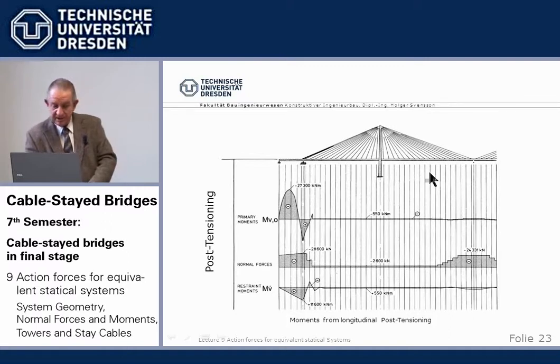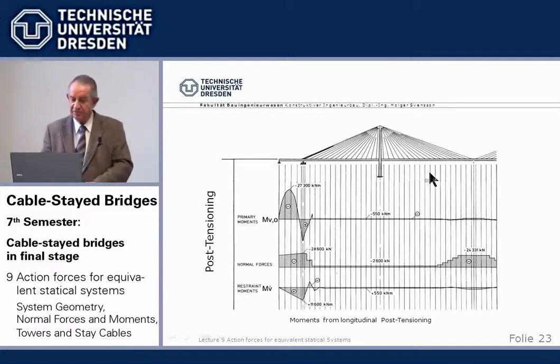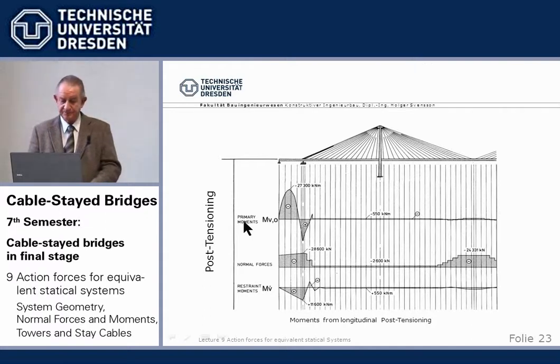Now, as I told you, this is now just a typical example. The cable-stayed bridge. We see here the primary post-tensioning moments from eccentricity, post-tensioning force times distance from the center of gravity, primary, and here the corresponding restraint moments.